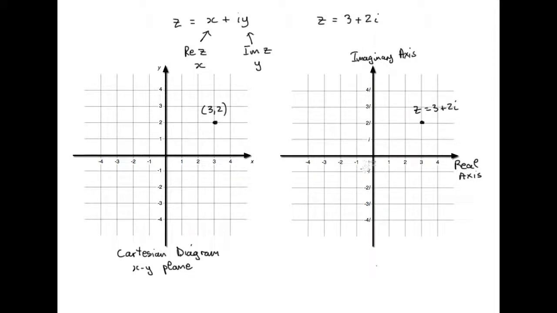Still can call it the y-axis and the x-axis, but usually called the real axis and imaginary axis. So there is the point z sitting there. We can also think of it as being associated with a vector, a position vector, one that's tied to the origin and goes out to this point, which represents the complex number 3 plus 2i. So one point representing the number, and it's associated also with this position vector.